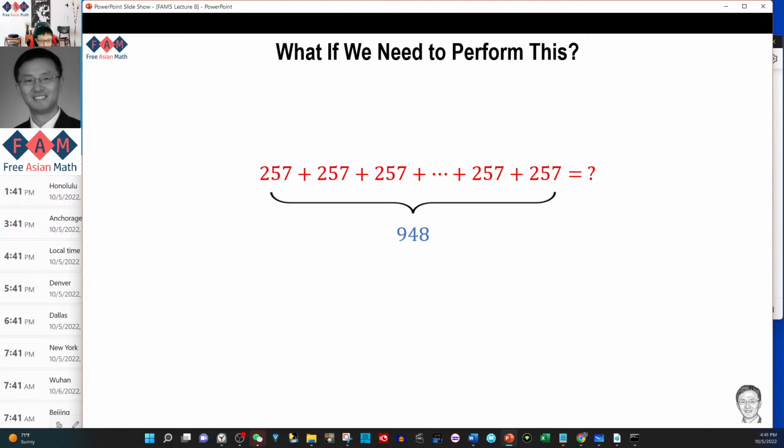Or you can, even worse, count 257 and then 257, and repeat that 947 times. Of course, we know we don't need to do that because we have addition available, which is accelerated counting. But still, this is a huge problem, right?